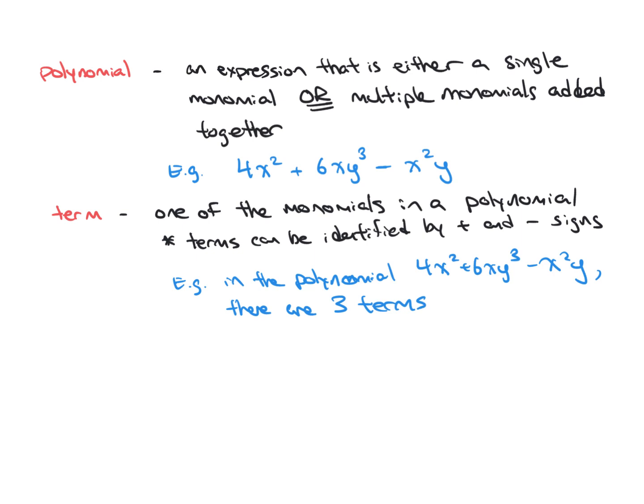I will list them out. One term is 4x squared. The second term is positive 6xy cubed. And the third term is negative x squared y. So the sign is part of the term. So if it's a minus sign, the term is considered a negative.